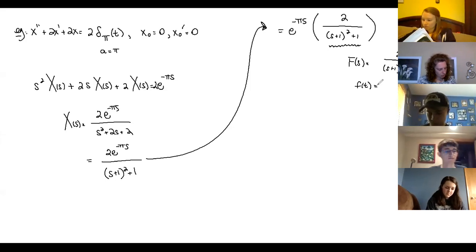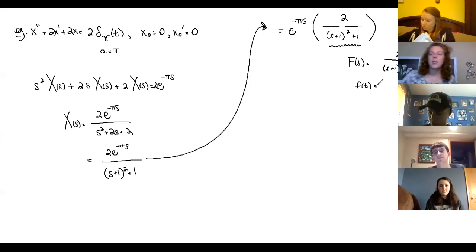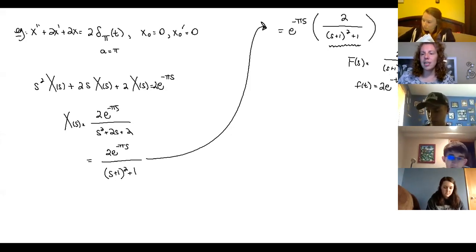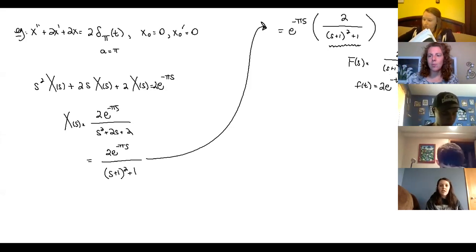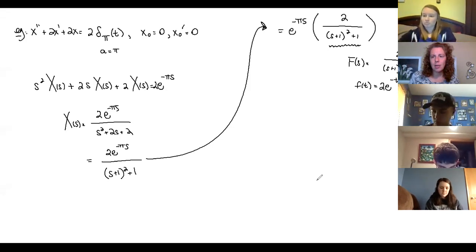K is equal to 1 and a is equal to negative 1. So this is going to be 2 e to the negative t sine of t. Okay, 8th one down, s plus 1. K is 1 and a is negative 1.